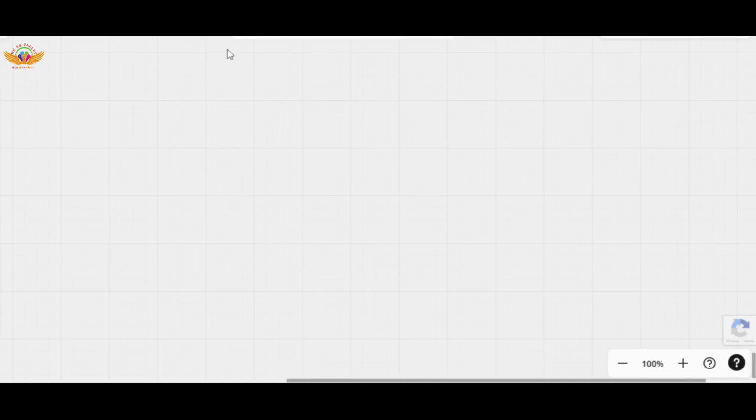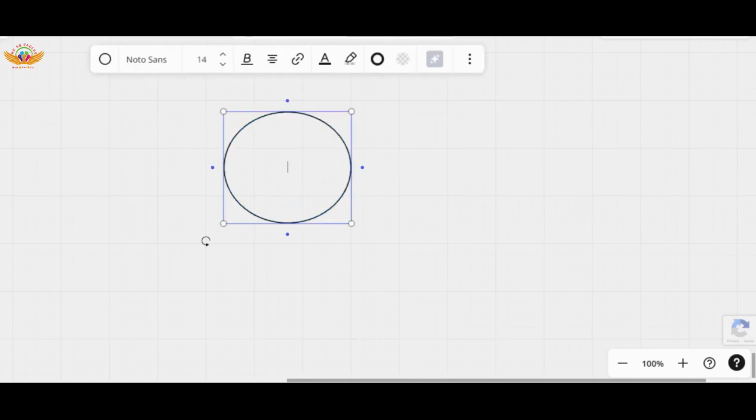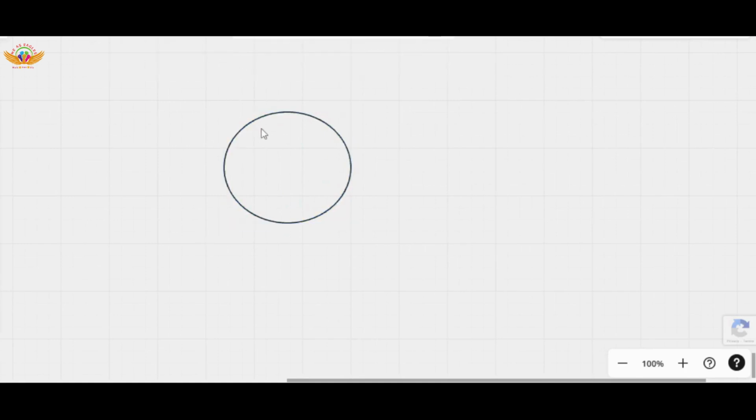Other than this, some of the MCQ questions I just wanted to tell you. Mostly they will be asking you the definition of a tangent, which you already know. They can also give you a circle, and they might draw a figure like this, where I just touched it at one point.